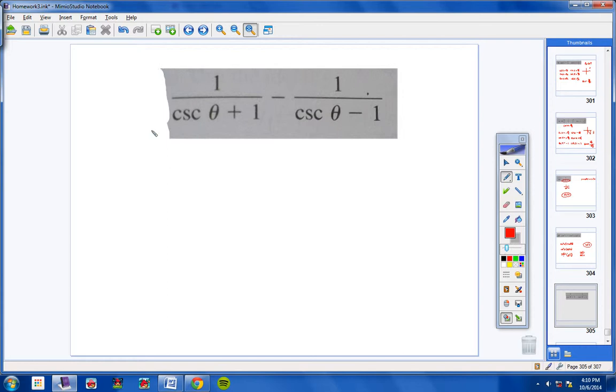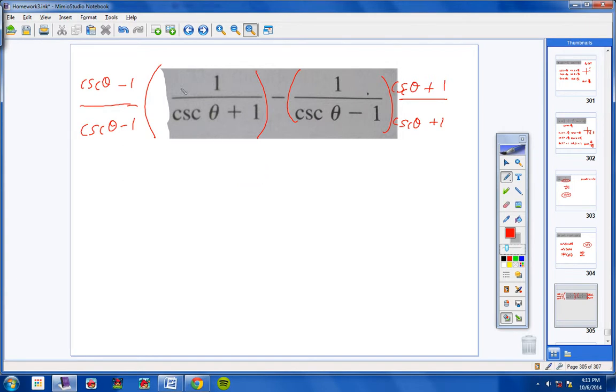So we're going to multiply this fraction here by cosecant theta minus 1 over cosecant theta minus 1. Okay? And we're going to multiply this fraction here by cosecant theta plus 1 over cosecant theta plus 1. And the reason is that will give me now a common denominator of cosecant theta minus 1 times cosecant theta plus 1.